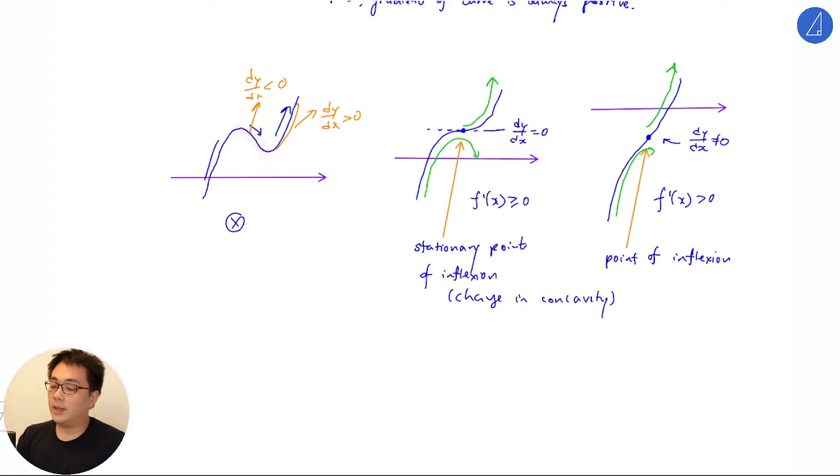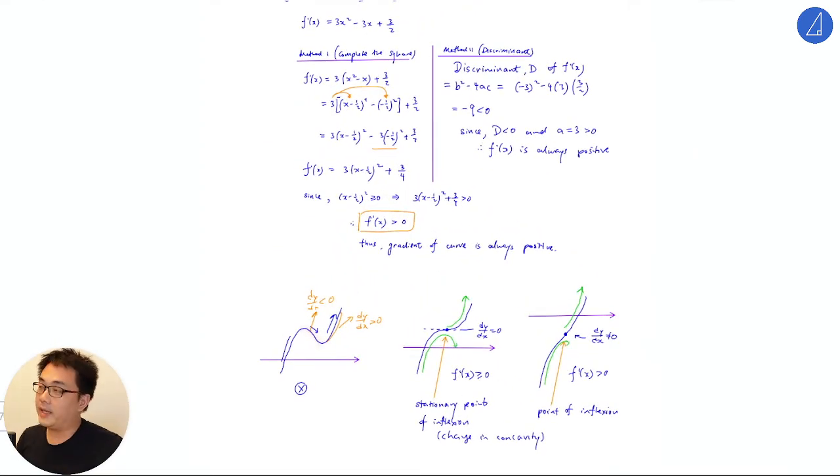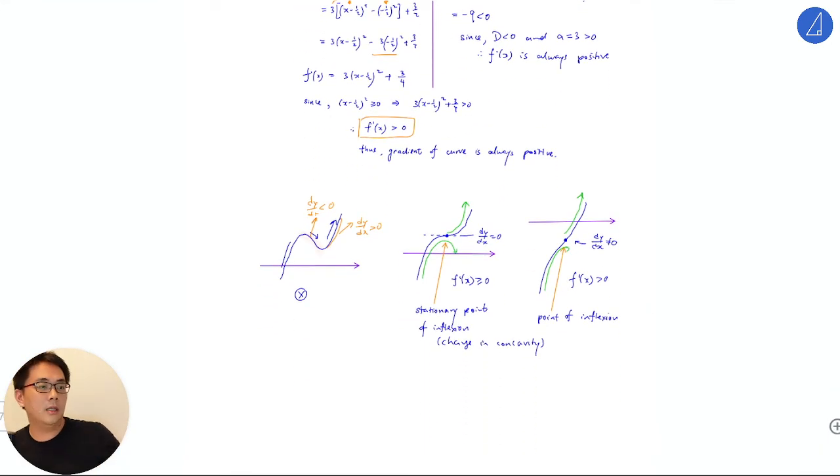Okay, so understand what they're asking. You're looking at the gradient, the graph, using the gradient to show. It is quite a nice question, because there's only one way to answer it, which is to say that there's no max and min point, no turning point.